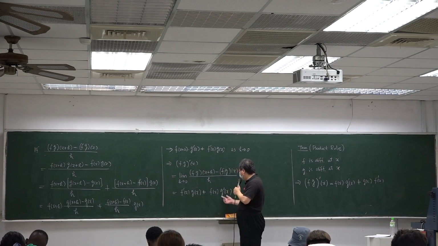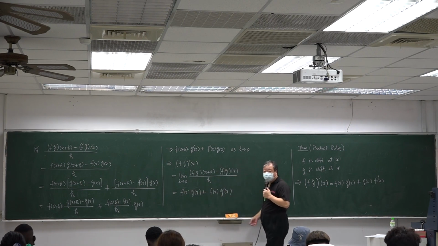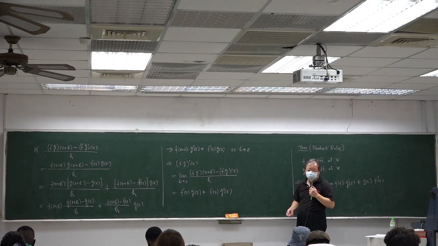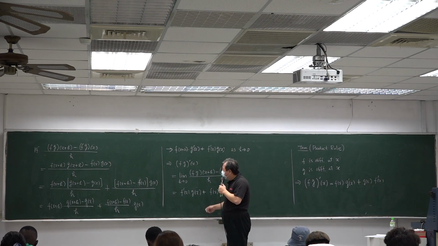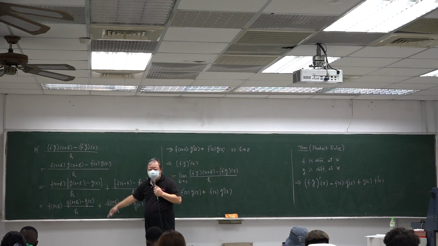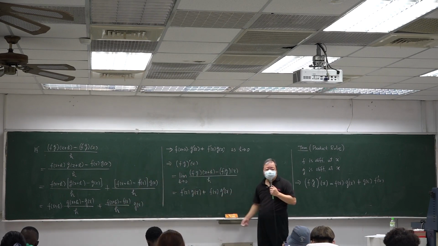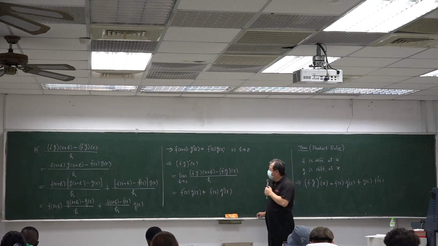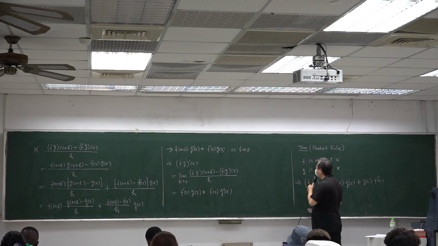Constant multiple of this one, constant multiple of this one, and then sum up, because we have two functions. Sometimes the conclusion is hard to read directly, but after the derivation, you will see why this one is correct. This is the product rule.